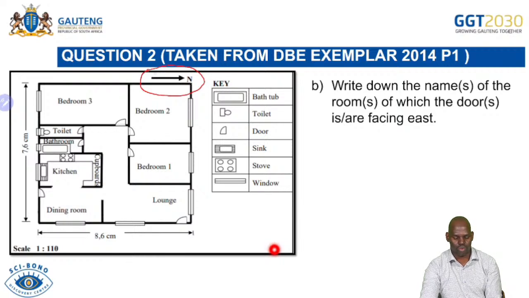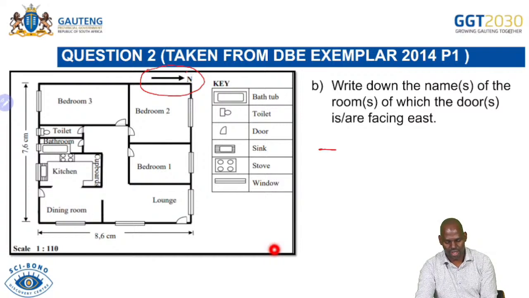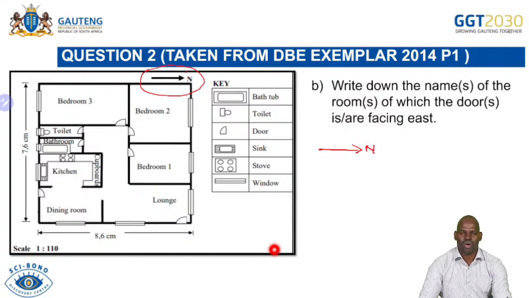I know that most of you are so used to the north facing up, but look at the N and also look at the arrow. In this case, the arrow is facing to the right hand side. So if you complete your compass direction, this is north. If an arrow is given, you always imagine facing in the direction of the arrow.